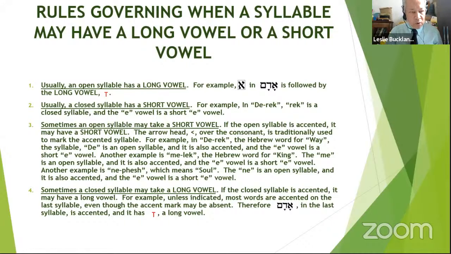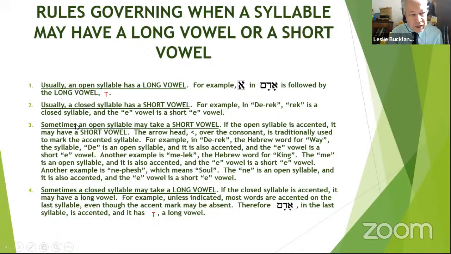So I'm going to be looking only now, in summary, at the underlined words. Rule number 1, usually an open syllable has a long vowel. Number 2, usually a closed syllable has a short vowel.